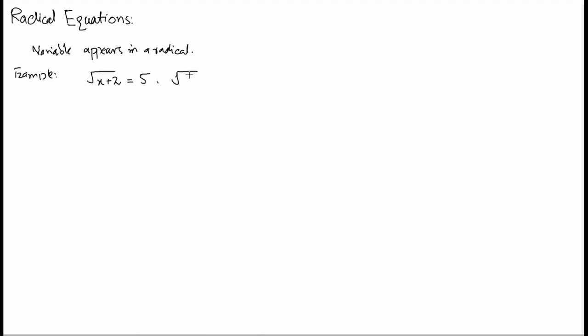Then another example is square root of 3x plus 4 plus x plus 5 is equal to 0. Another example may be cube root of 9x plus 1 is equal to x plus 3, and so on.